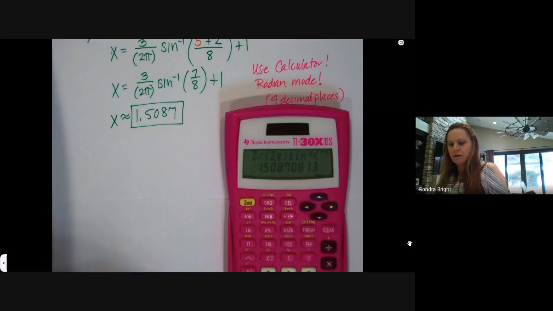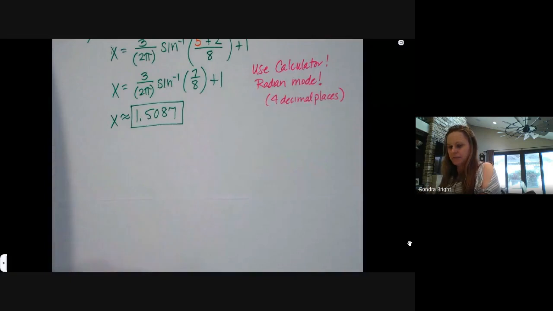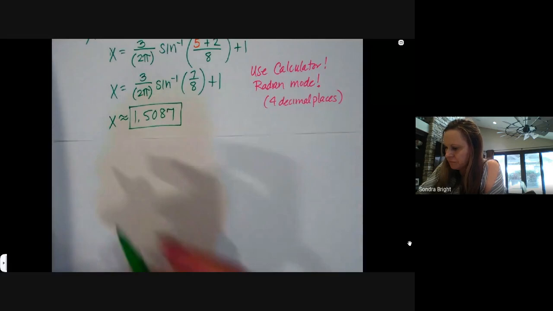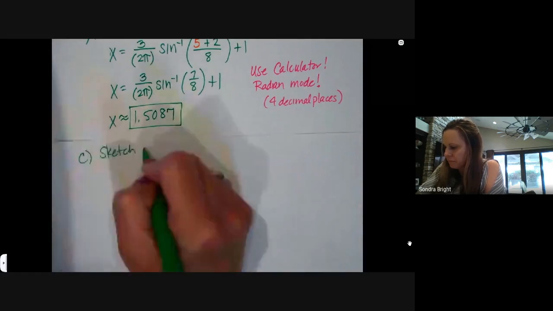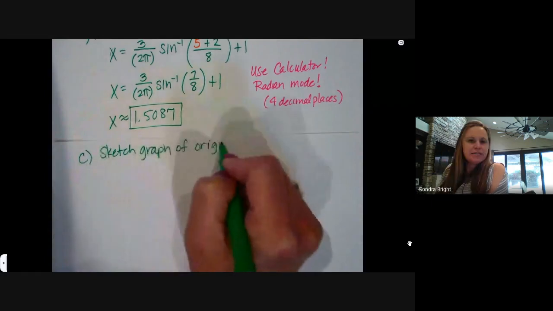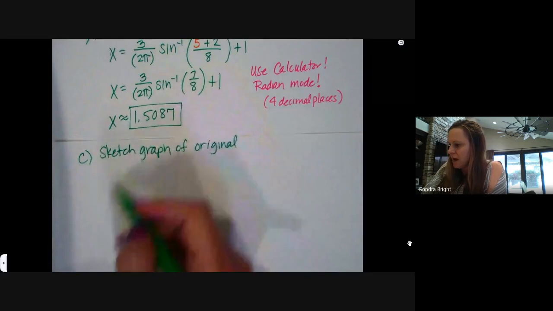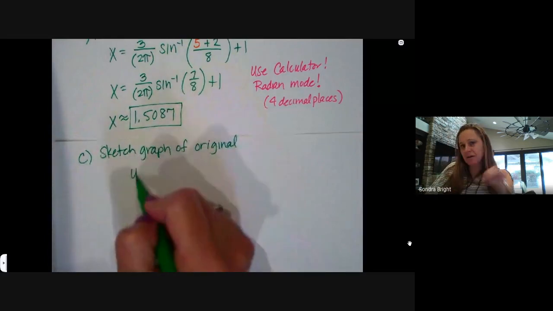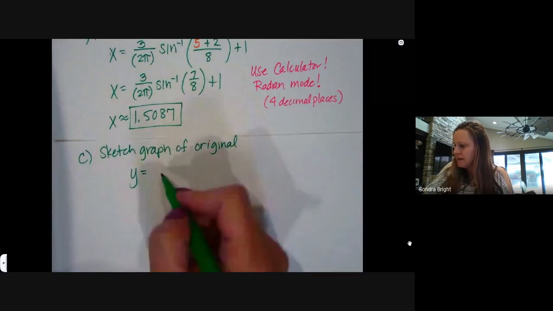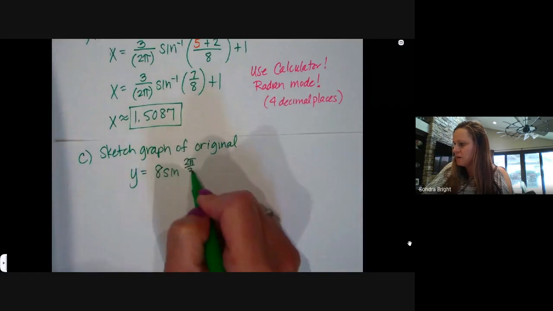Okay, then part C says, let's sketch the graph of the original and see if our answer is reasonable from part B. So the original equation they gave us was y equals negative 2 plus, but I'm going to move that over to the end so that it'll be 8 times sine of 2 pi over 3 times x minus 1, and then minus 2.